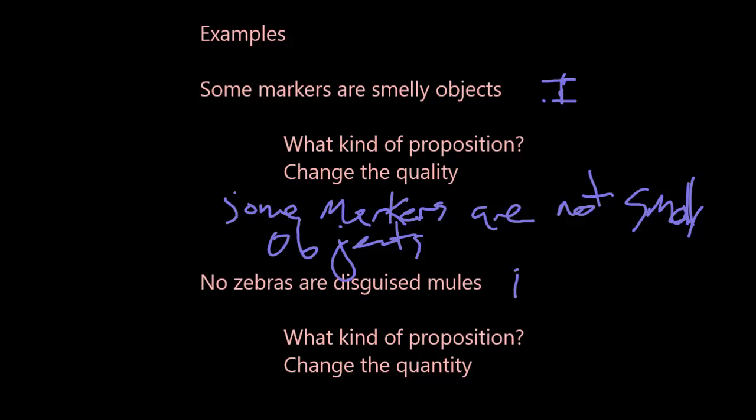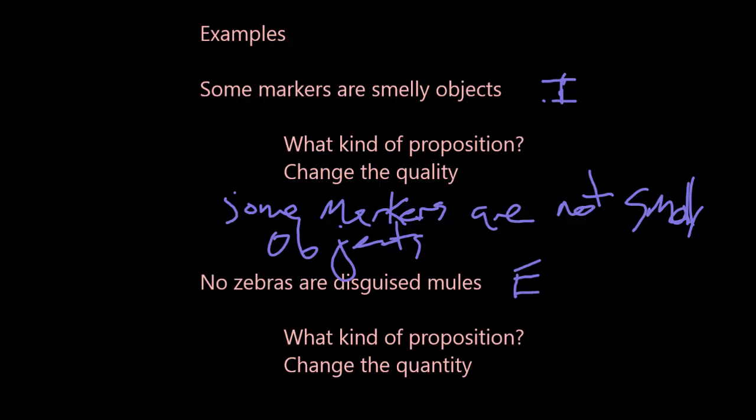This proposition is an E proposition because it has the form no A or B. The quantity of this proposition is universal. So if we change the quantity, we need to go from a universal to a particular. But remember, we're keeping the quality the same.